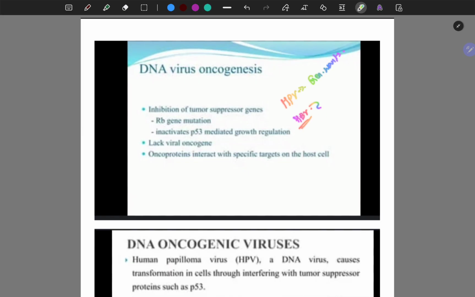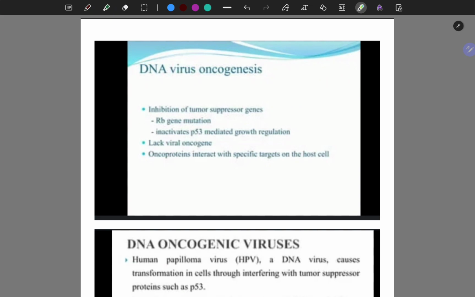Hepatitis B virus infection will cause hepatocellular cancer. And in this, there is one glitch: hepatitis B, hepatitis C. B is a DNA virus, C is an RNA virus. So these 3 things you must remember. So here there is DNA virus oncogenesis.